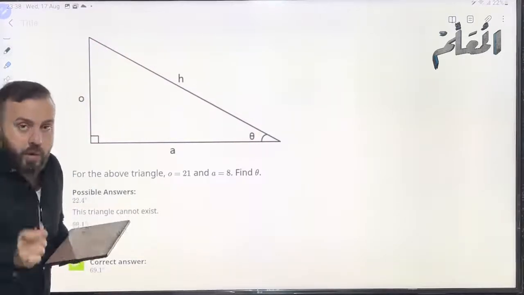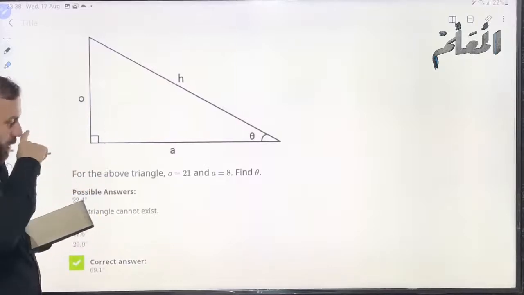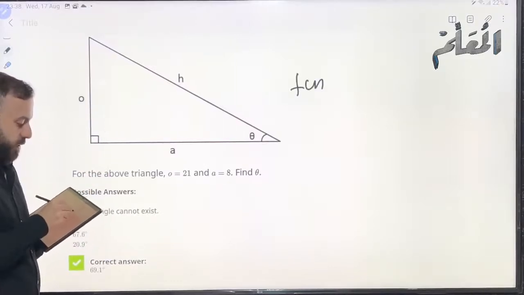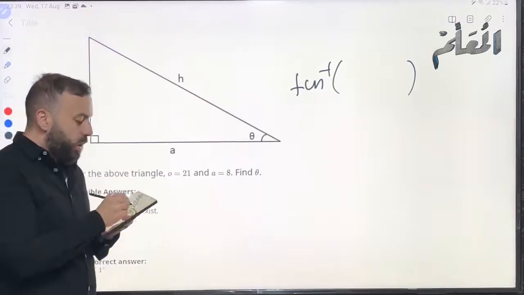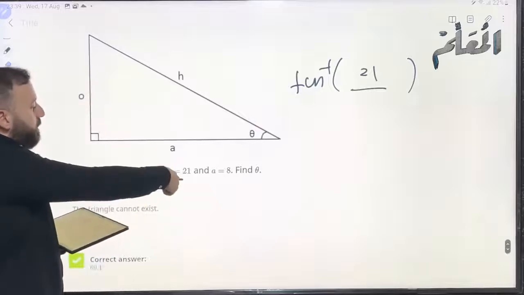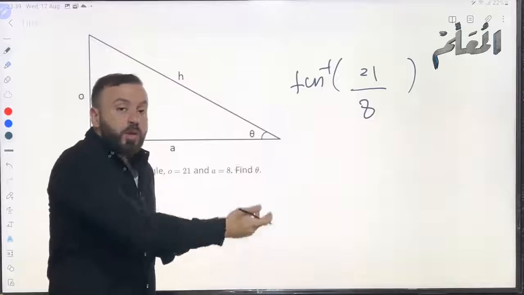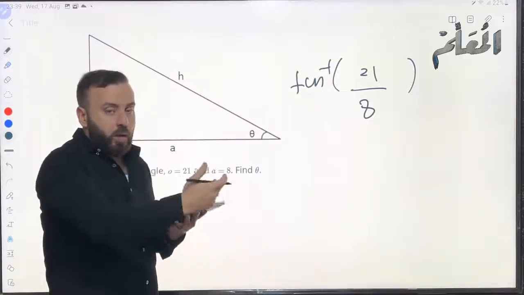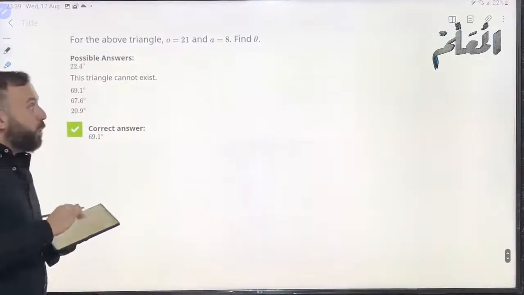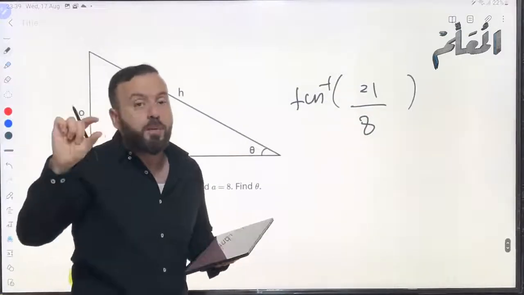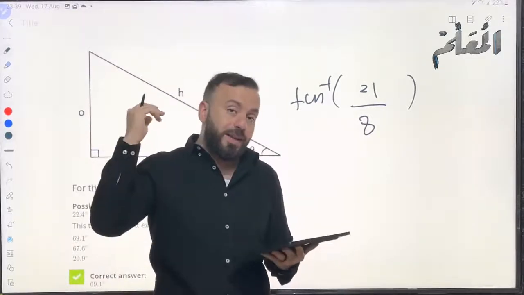So remember always, to get theta I use tan inverse of the opposite, which is 21, over the adjacent, which is 8. I put tan inverse because I want to get the angle, not the ratio. The answer is going to be 69.1. Always make sure to put your calculator in degree mode, because in M1 we use only degrees, no radians. Radians in M2.